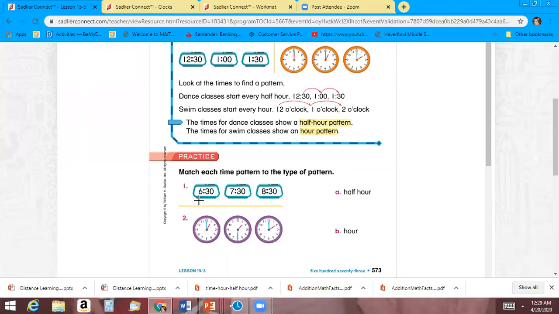So let's look at number one. I see 6:30, I see 7:30, I see 8:30. I'm seeing 30 minutes each time, which tells me that my minute hand is staying where the 30 is, which is on the 6. But my hour hand, that's going to move to the next number each time.